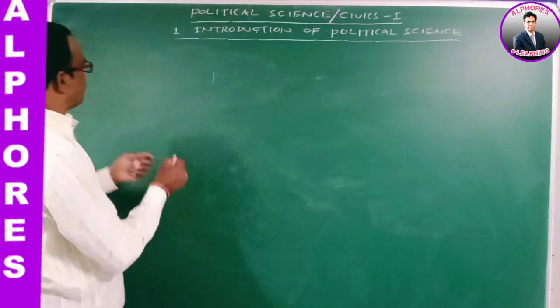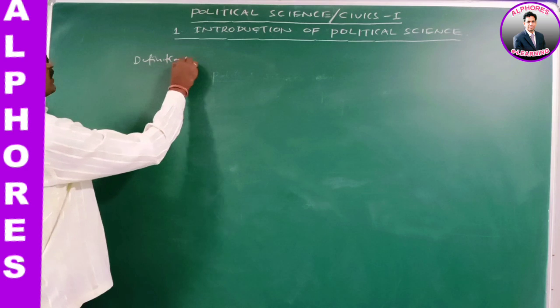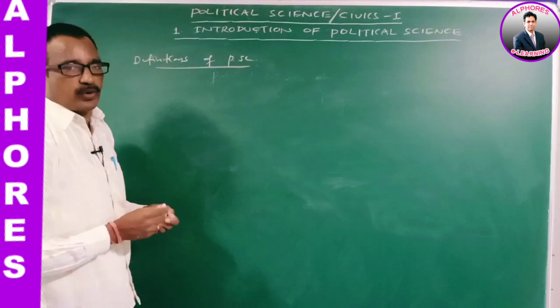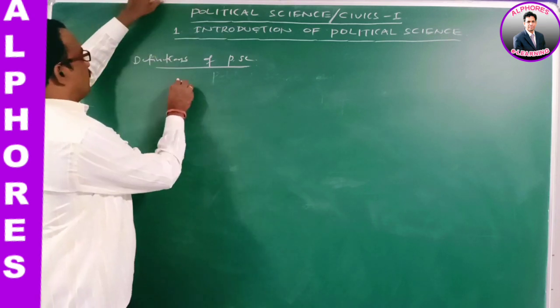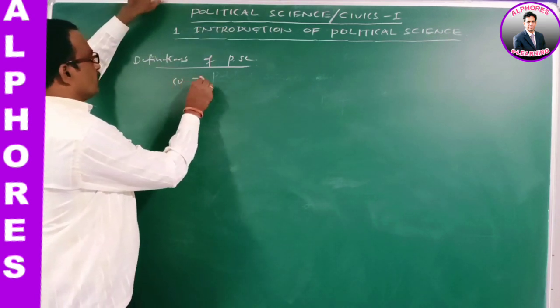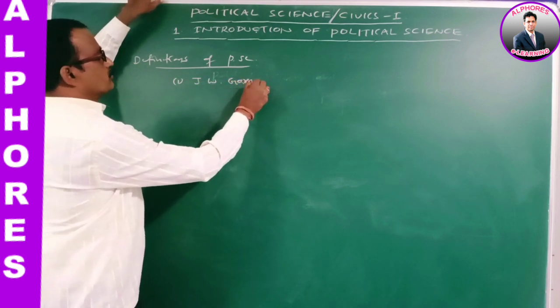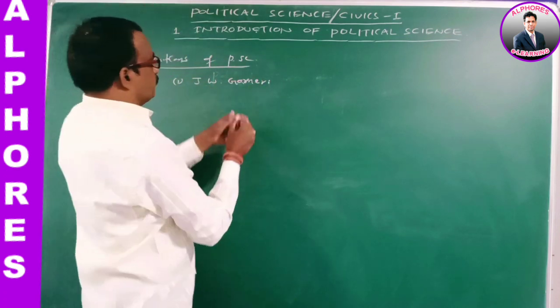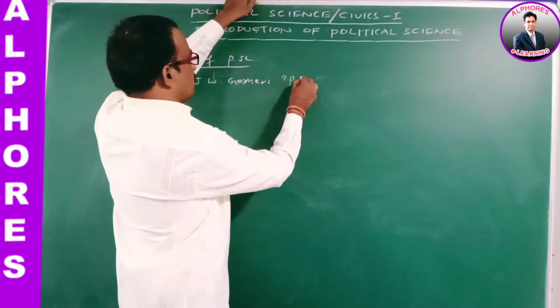Then, different political philosophers have given definitions to the political science. Here, I am going to explain some definitions of political science. So many political philosophers have given definitions to political science. First of all, J.W. Garner. According to him, political science begins and ends with the state.